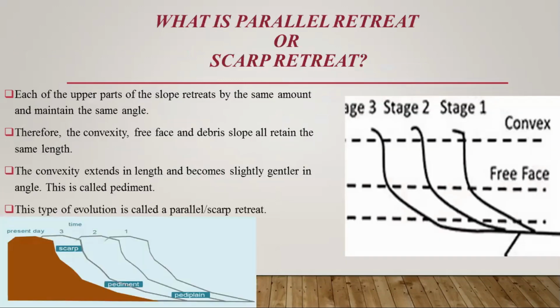Now what is parallel retreat or scarp retreat? According to King, each of the parts of the slope is retreating back parallelly while maintaining the same angle. They are not just getting replaced. They are maintaining the same angle.